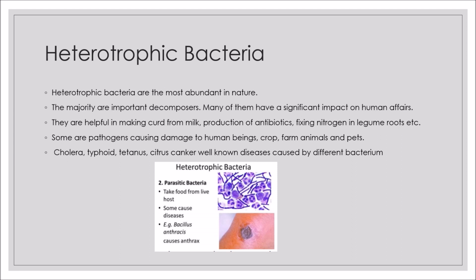So it affects human beings, it affects crops and some animals. That is also affected by the heterotrophic bacteria, and pets also get disease. It is also due to bacteria. Cholera, typhoid, tetanus, citrus canker. These are some of the diseases caused by different bacteria.